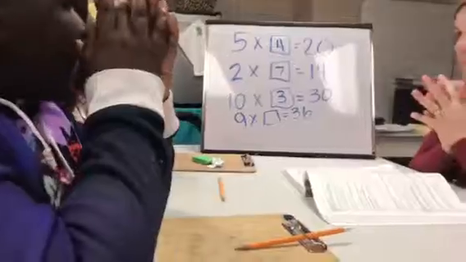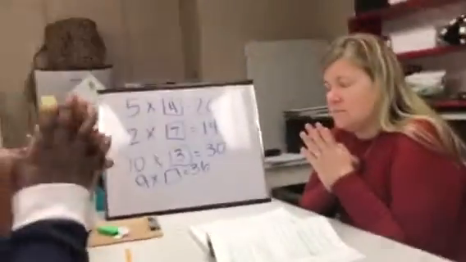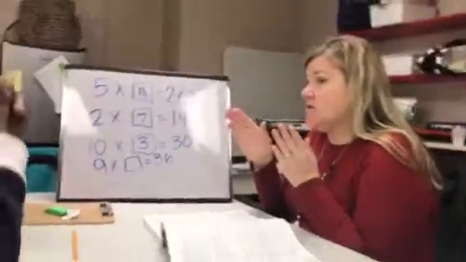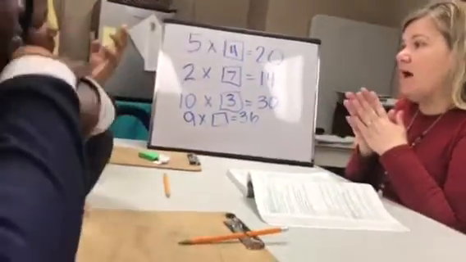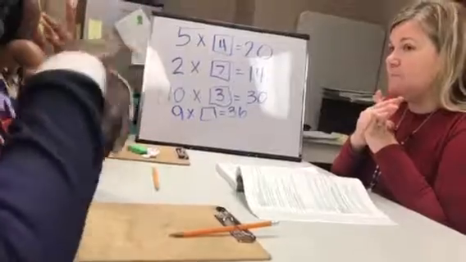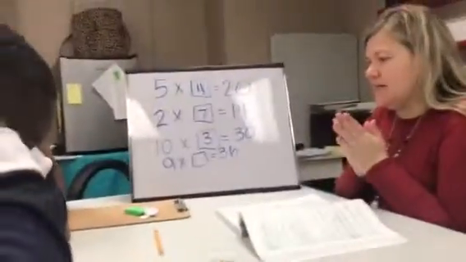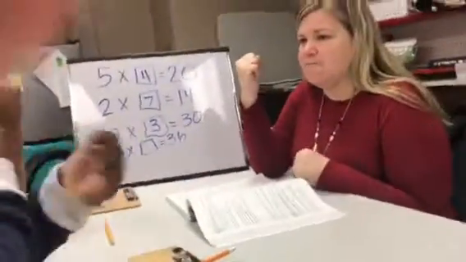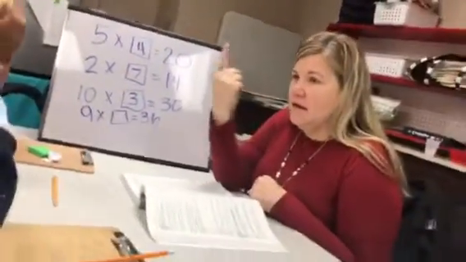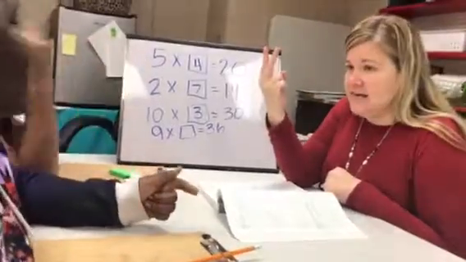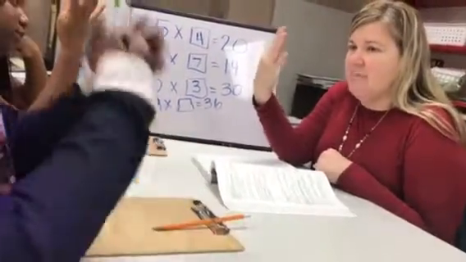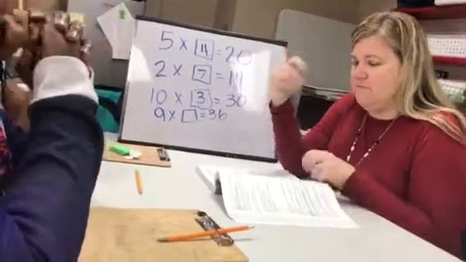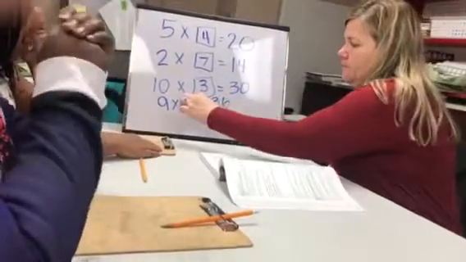And then 9 more would be 36. So how many times did we count by 9? 4. Let's do it again. Hold up your fist, KT. Count by 9. 9, 18, 27, 36. So how many times did we count by 9? 4. Very good.